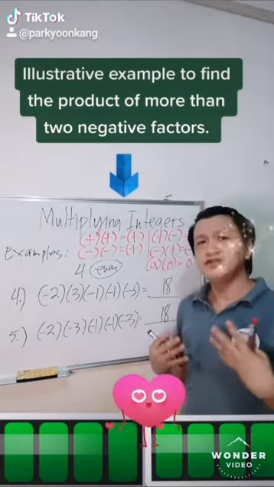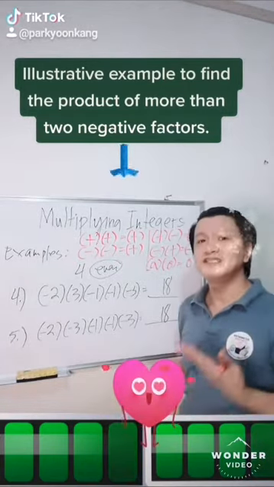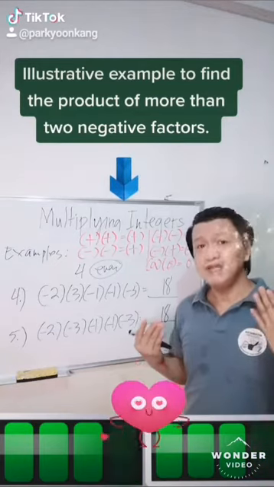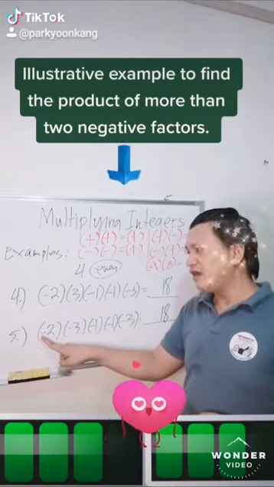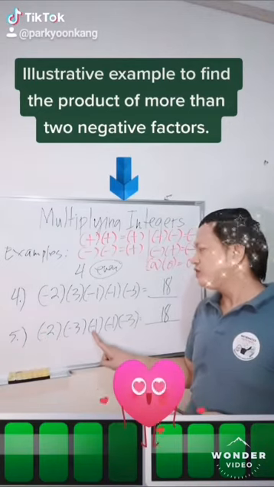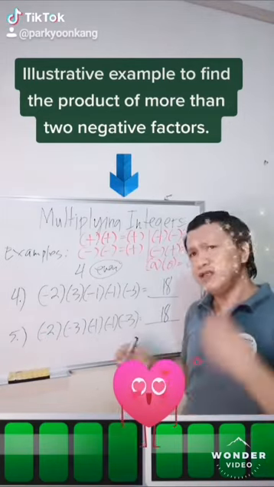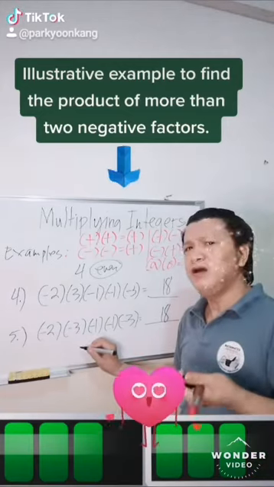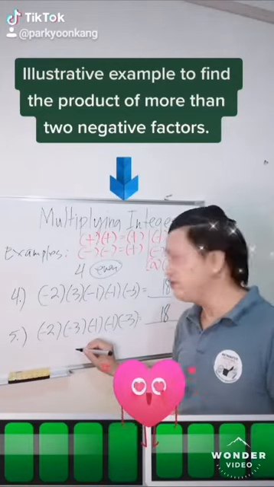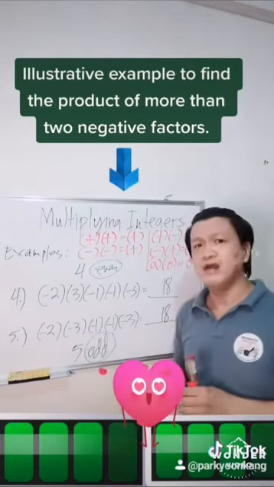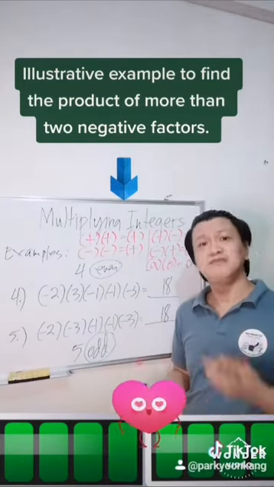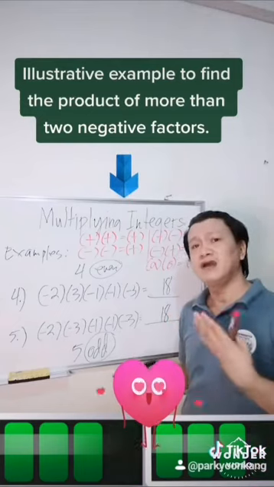Now, how am I going to determine whether the sign of my product is negative or positive? Simply count the number of negative signs. Negative is 1, 2, 3, 4, 5. Then you have to think, is it even or odd? When we say odd, this is not divisible by 2: 1, 3, 5, 7, 9, and so on.